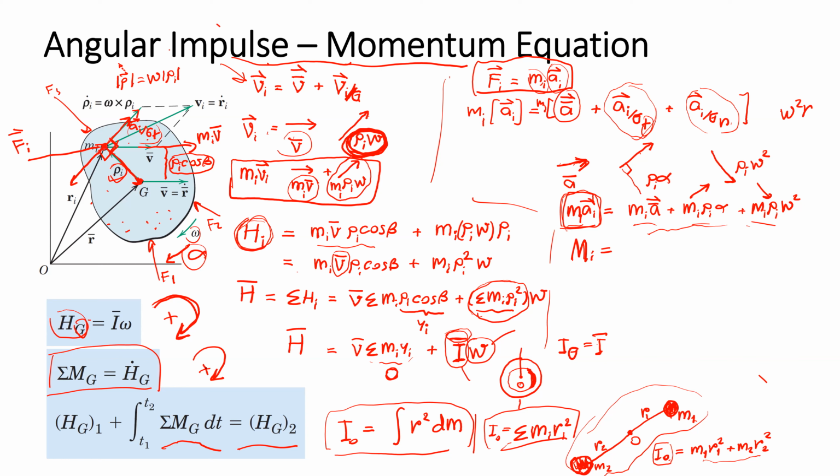And if we see the effect of the force in the first component, the second and the third component here, the moment about point G of any individual particle i is equal to the force magnitude multiplied by the radius.